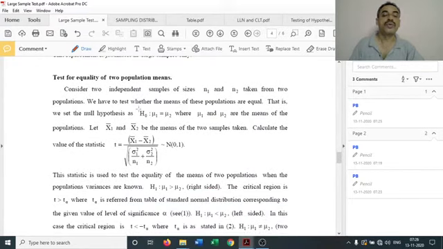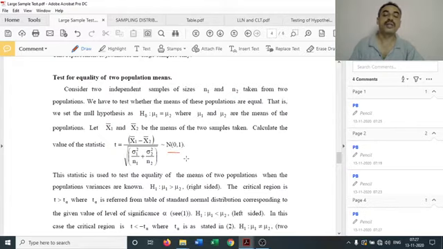Likewise, in the test for equality of two population means, the only difference is in the null hypothesis and the test statistic. The construction of various critical regions will be identical to the first case because here also the statistic follows the same N(0,1) distribution.